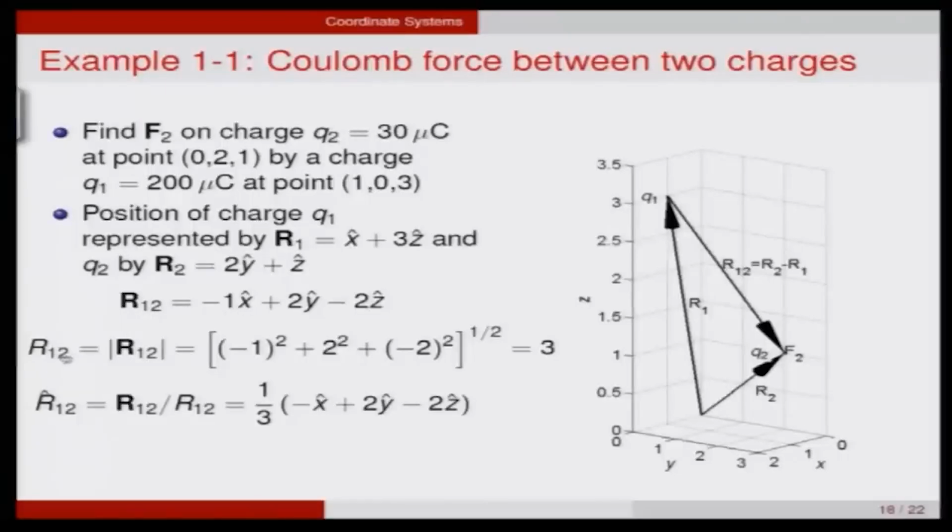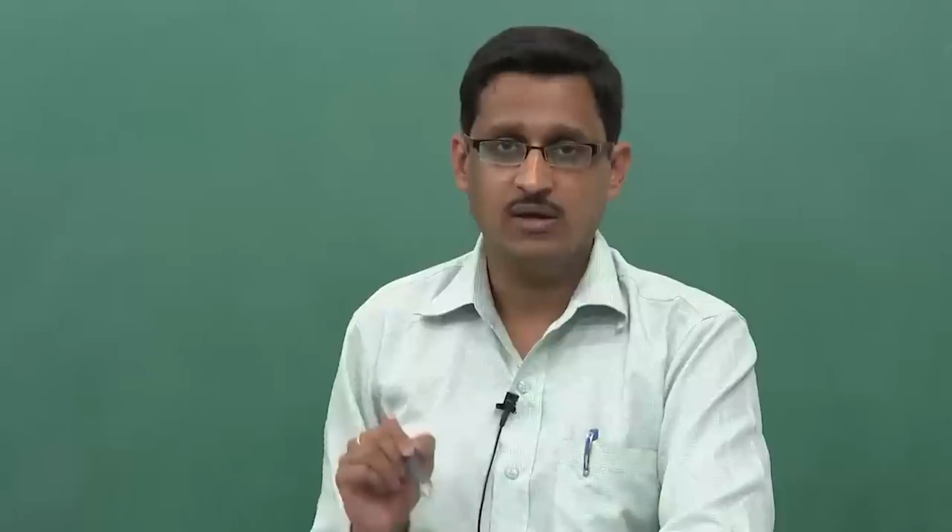The magnitude of the vector R12 is its x component square plus y component square plus z component square, all under root. Okay. And if you do that, you will get minus 1 square plus 2 square plus minus 2 square, which will be 3. So, the unit vector along R12 is 1 by 3 times minus x hat plus 2 y hat minus 2 z hat.